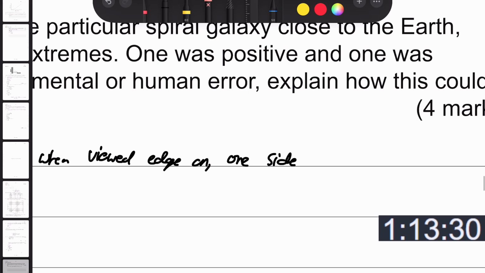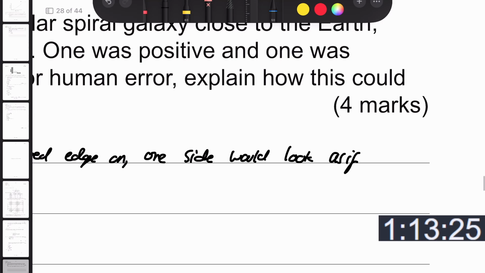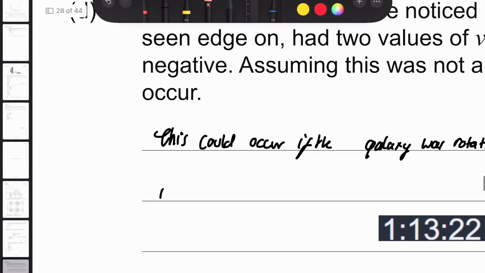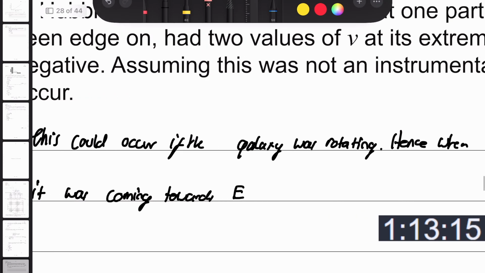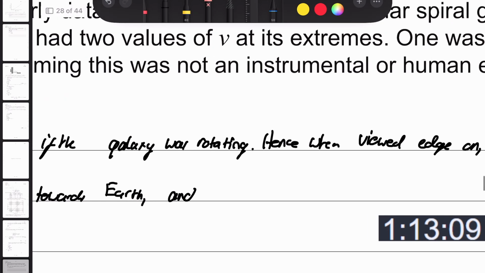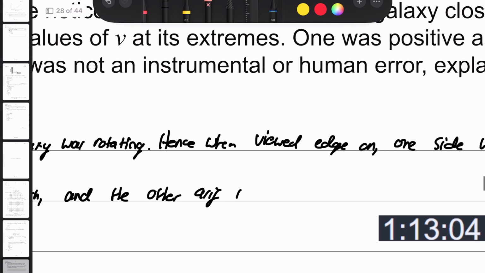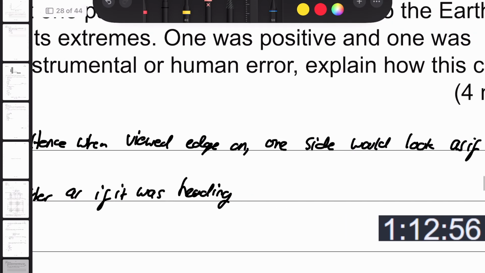one side would look as if it was coming towards Earth. The other, as if it was going away from Earth, heading away from Earth.